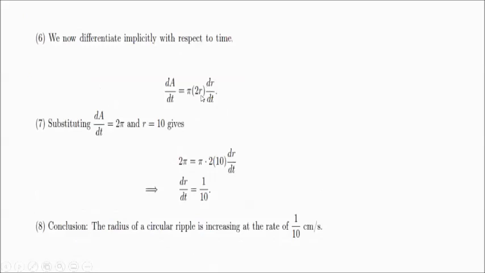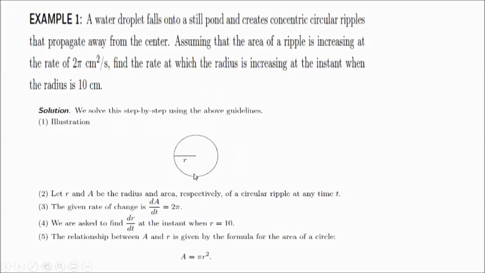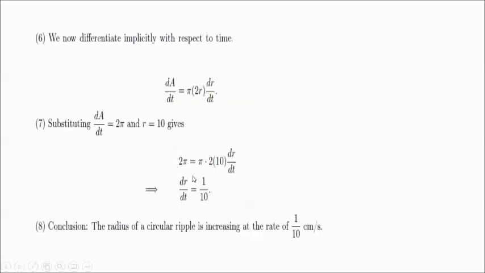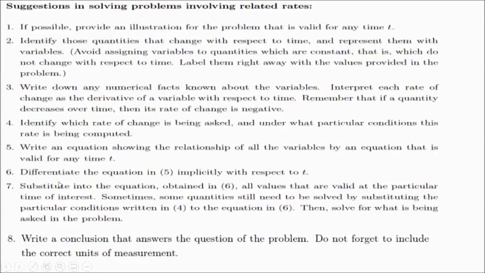And then, ito yung sinasabi ko, class: kung ano man yung variable niya, yun yung susundan nyo. So dr over dt. Okay? Ngayon, ito yung hinahanap natin, di ba? Yung dr over dt. So yun yung step number 6, class.